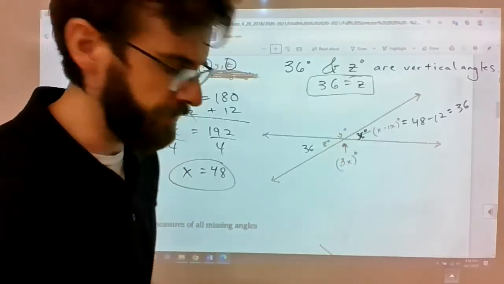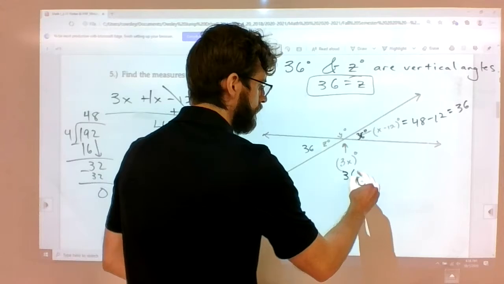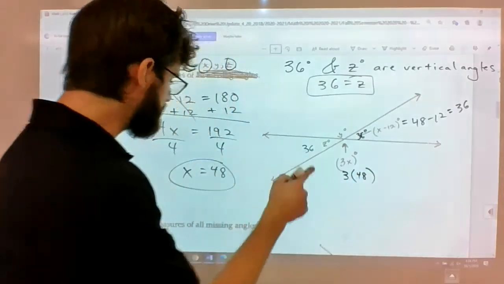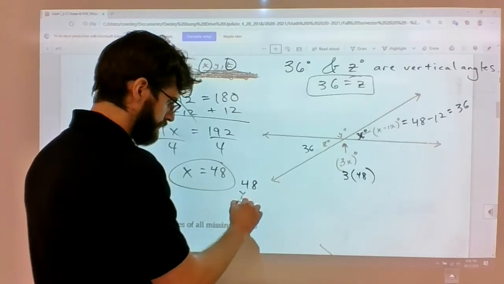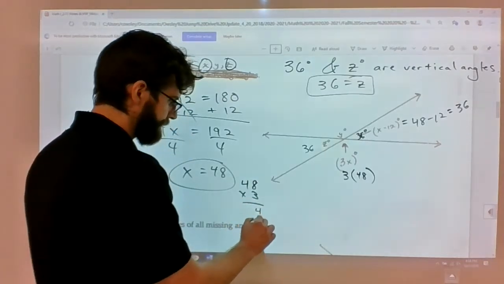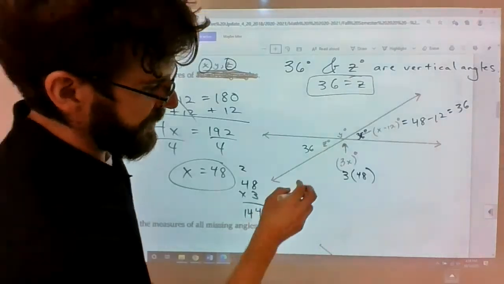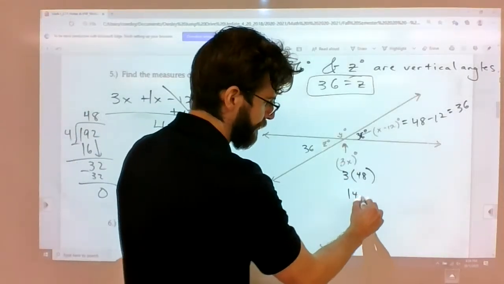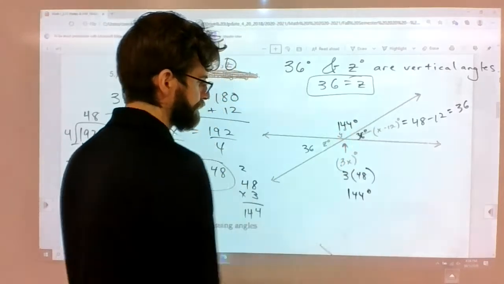So I'll show you both. Three x times 48 is 144. So since 3x is equal to 144 degrees, y is equal to 144 degrees.